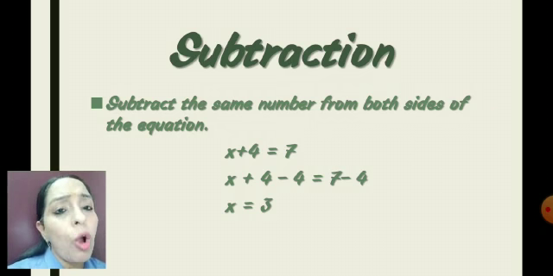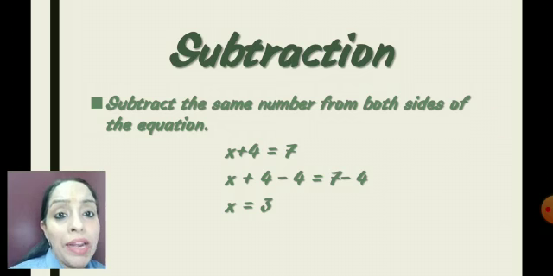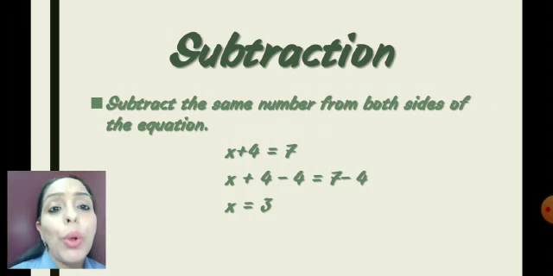So what is the opposite of adding? That is subtracting. So I can subtract 4 from both sides. On the left hand side, minus 4 plus 4 will become 0. On the right hand side, 7 minus 4 is 3. So the solution or root of the equation is x is equal to 3.